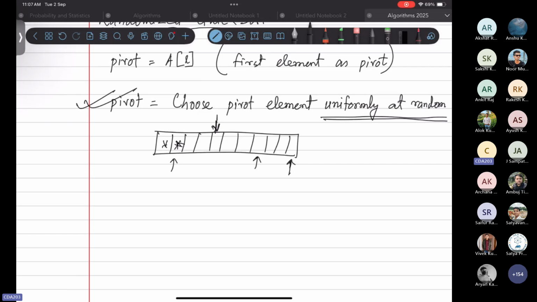Now the interesting question. Let's say I give you these elements: 12, 9, 3, 6, 7.